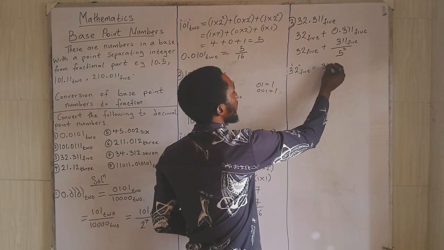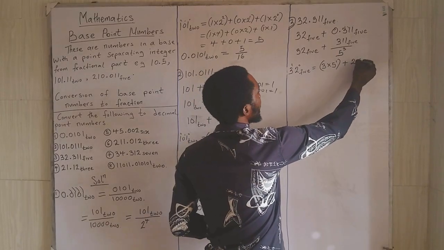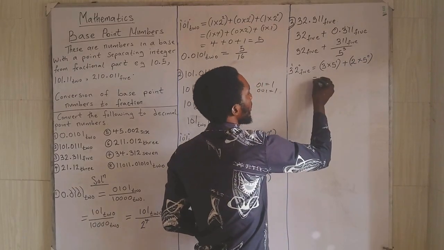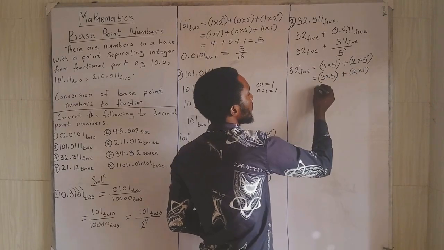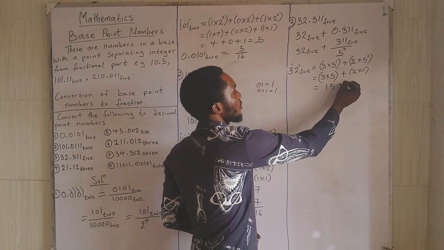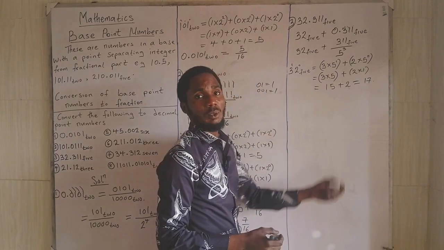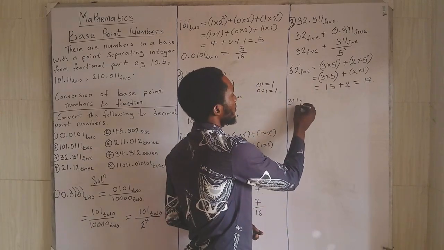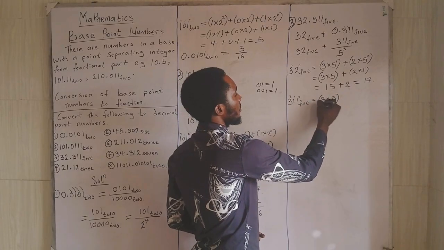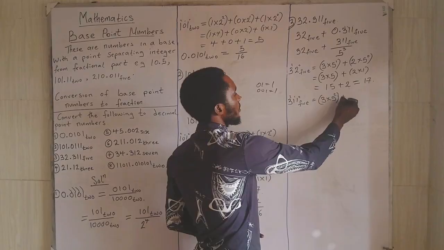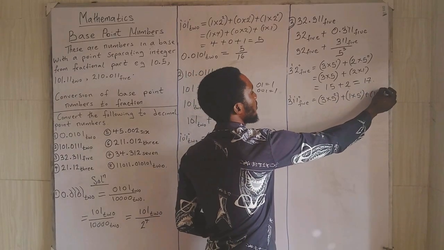3 times 5 raised to the power of 1 plus 2 times 5 raised to the power of 0, and this is 3 times 5. This will give us 15 plus 2, and that is 17. 311 base 5: 3 times 5 to the power of 2 plus 1 times 5 to the power of 1 plus 1 times 5 to the power of 0.